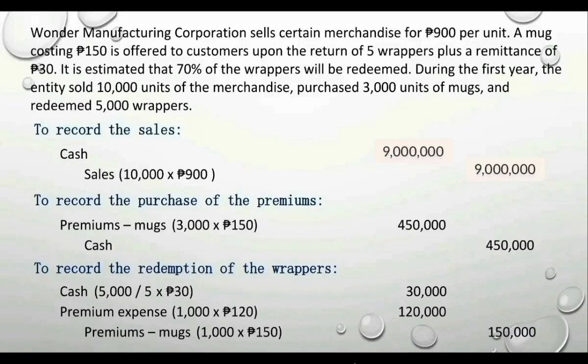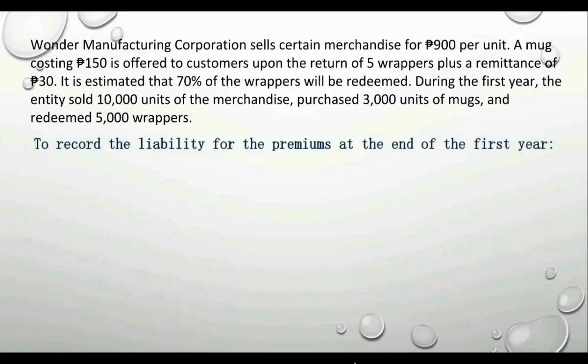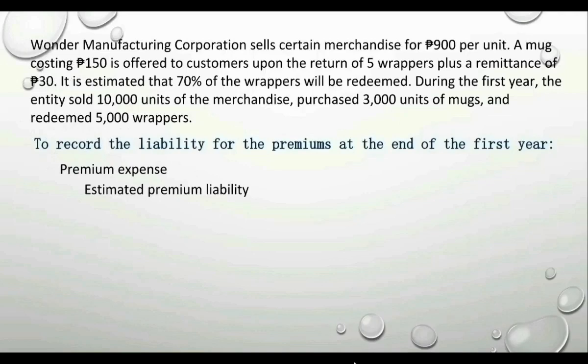At the end of the accounting period, Wonder Manufacturing Corporation must record a liability for the remaining premiums estimated to be distributed in the future by crediting the account title estimated premium liability and debiting premium expense.